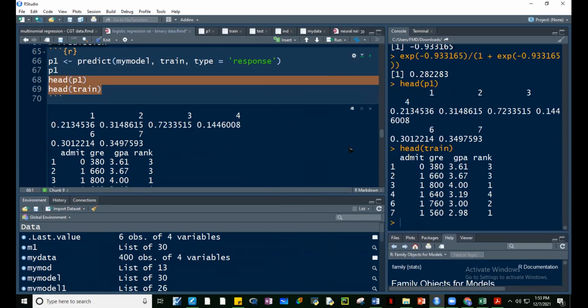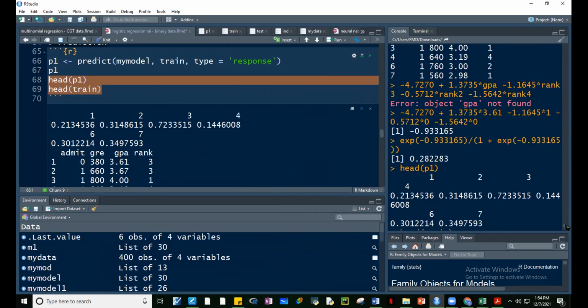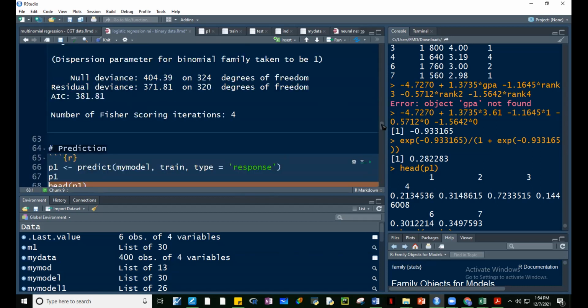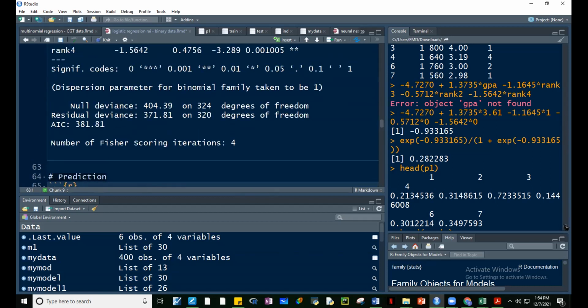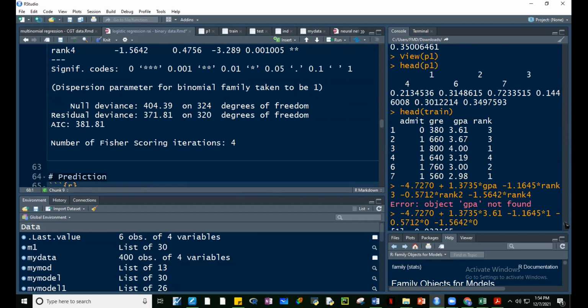We should have gotten, baka may mali ako sa ano. Let me check, guys. 2134, pero kanina tayo 28223. Bakit? Saan tayo nagkamali? Ano ba yung first ano natin? Ay, mali. Saan ako nagkamali, guys? Train data to, no? Sorry. Mali, guys.